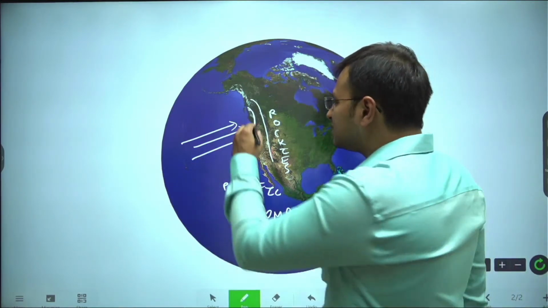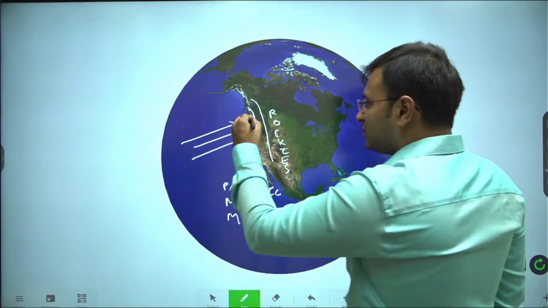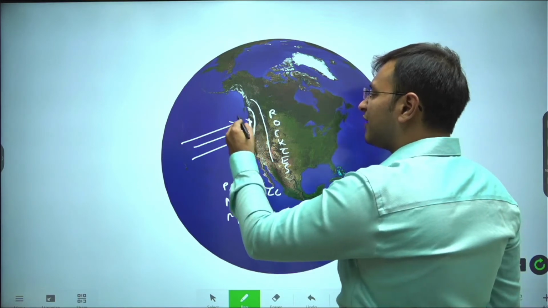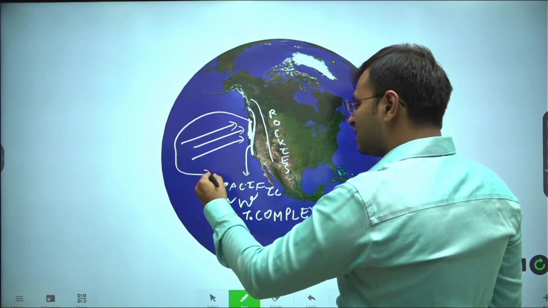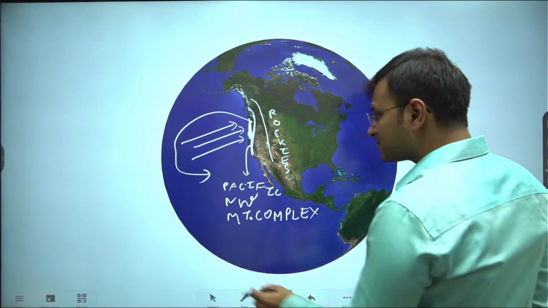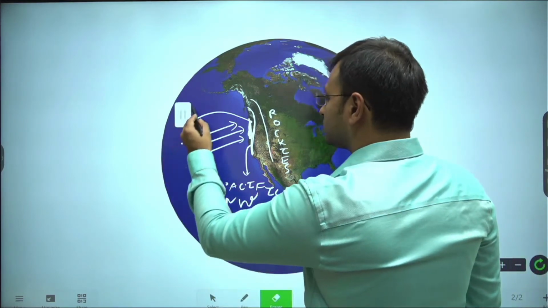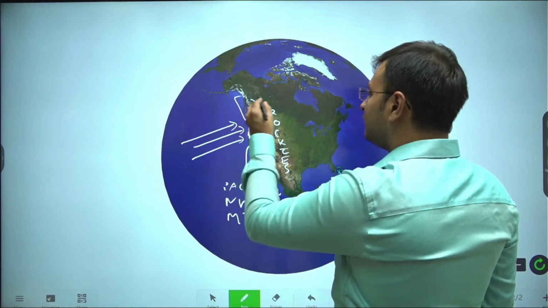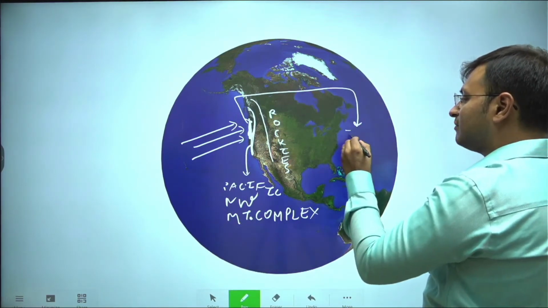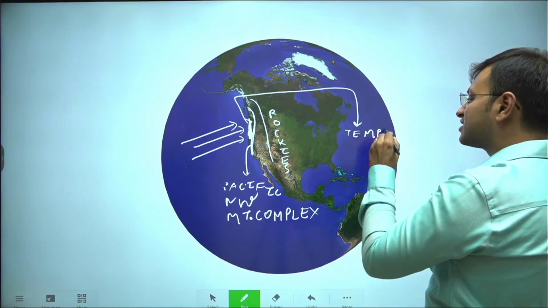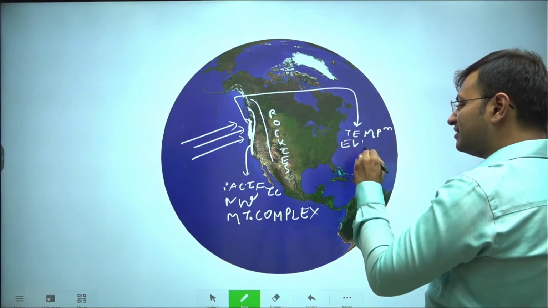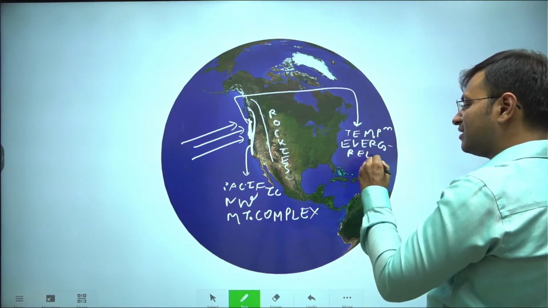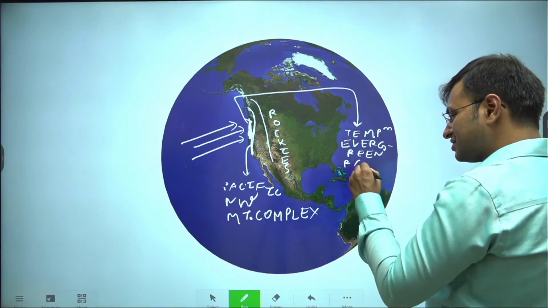Hence, on this coast of the world, you will find a unique phenomenon called temperate evergreen rainforests.